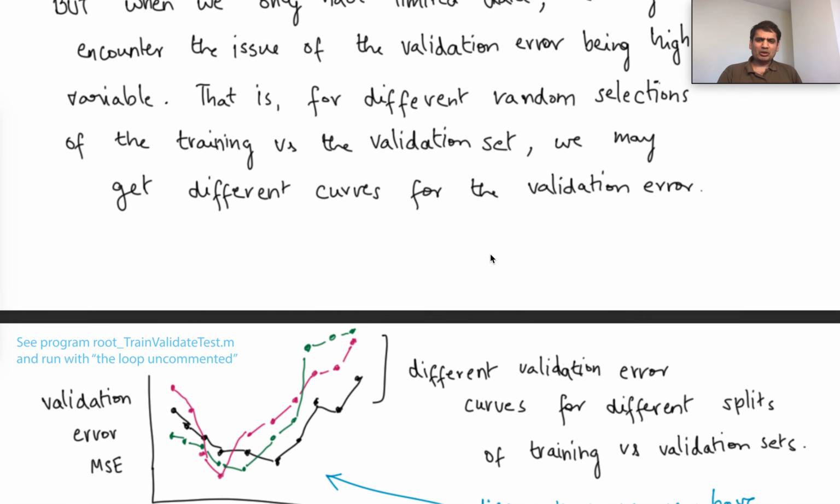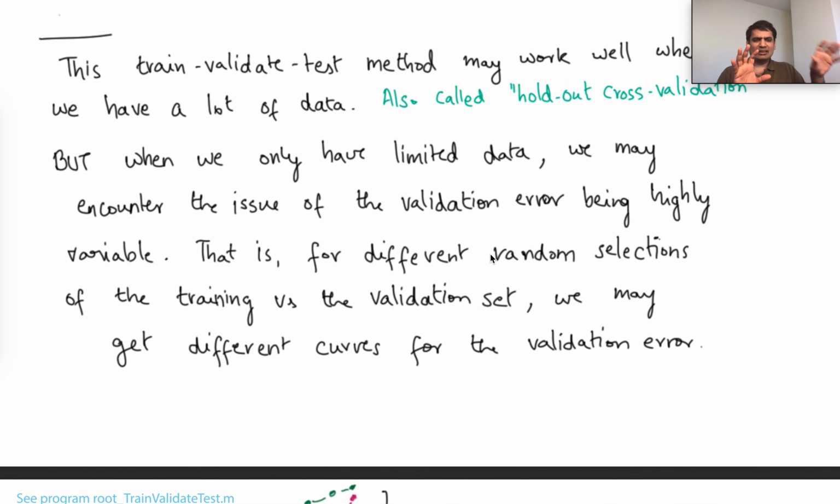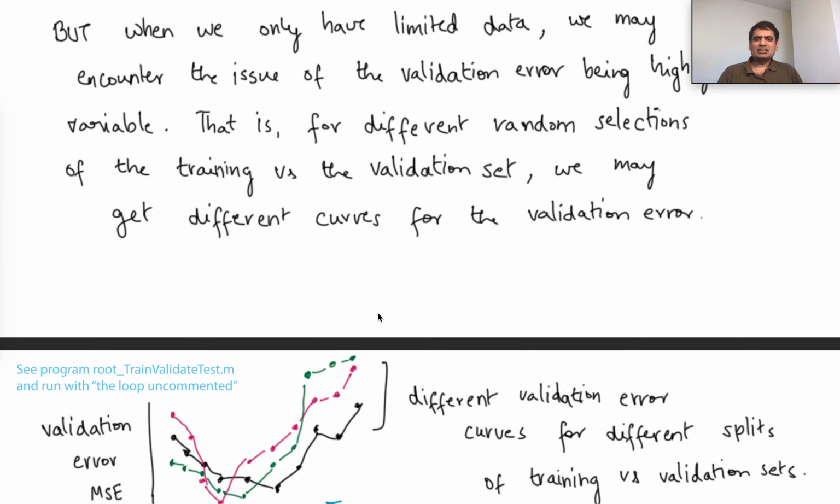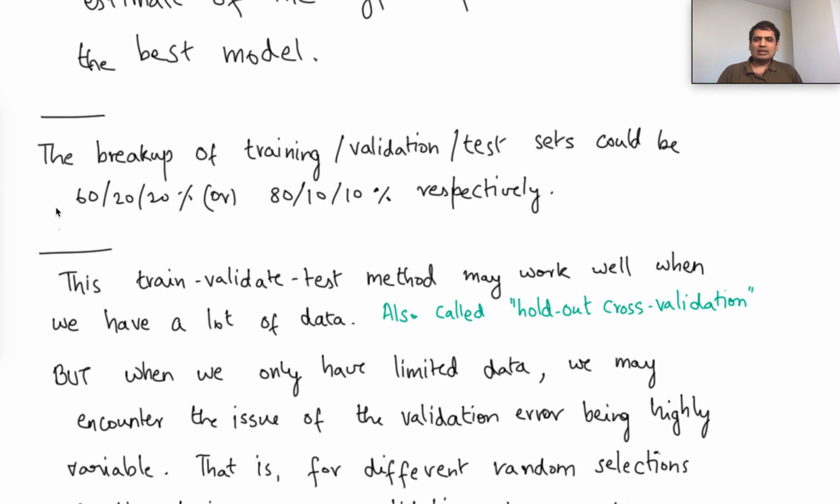So the problem, though, is that if you break up the data into these three pieces, and you break it up in a random fashion, it's not like the first so many data points are training set and so on. You just break it up randomly. Depending on how you break it up randomly and what percentage you allocate to training, validation versus testing, right?